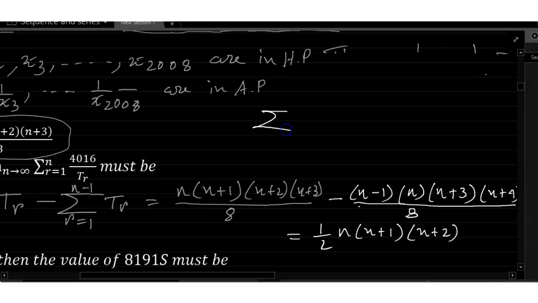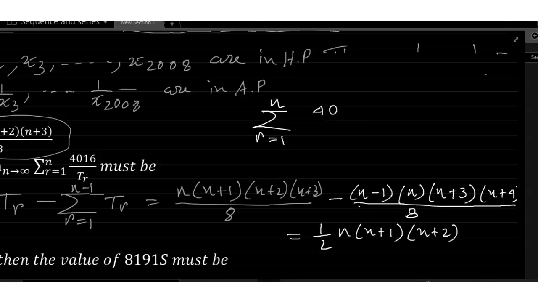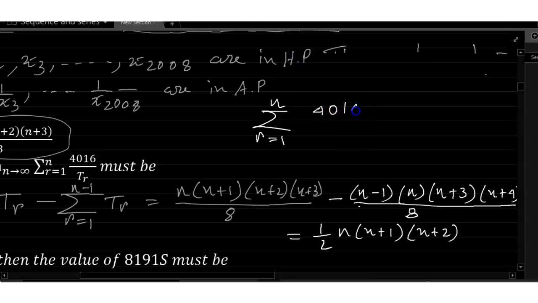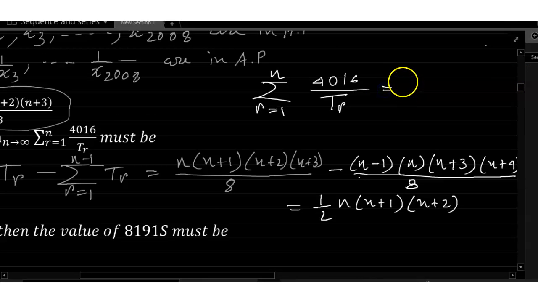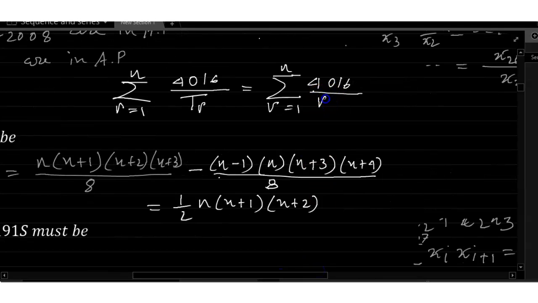So the summation r equals 1 to n of 4016 divided by r into r plus 1 into r plus 2.